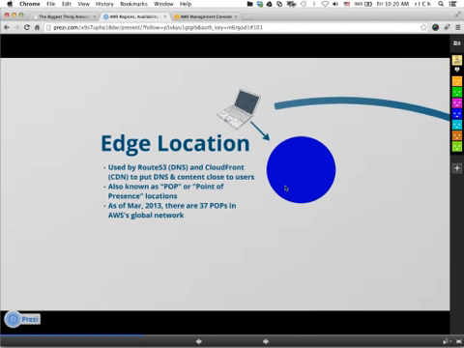And again, the two services that Amazon uses for their edge locations are Route 53, the distributed DNS service, and CloudFront. For example, you see up here in my URL that I'm accessing Prezi.com, right? When I make a call to Prezi.com, the first thing my computer does is figure out where the DNS server is that serves up the Prezi.com record, because computers speak numbers and humans like to speak with words.